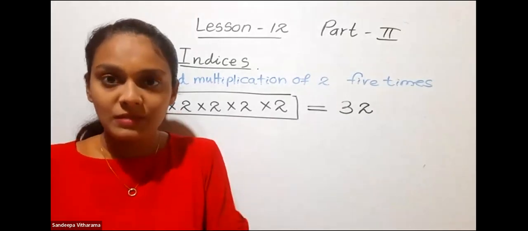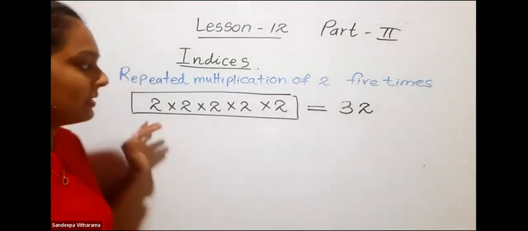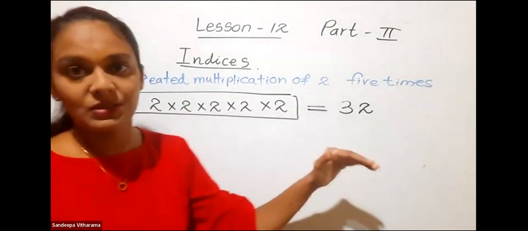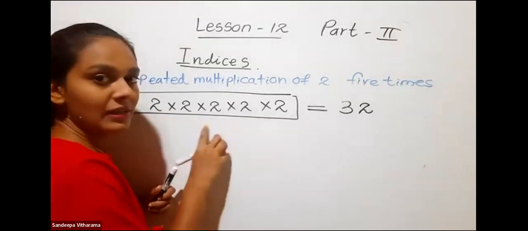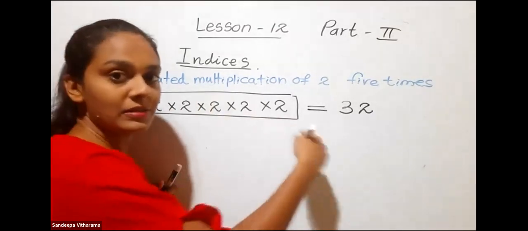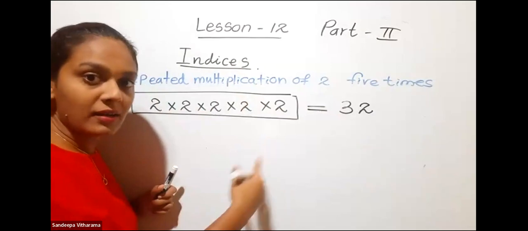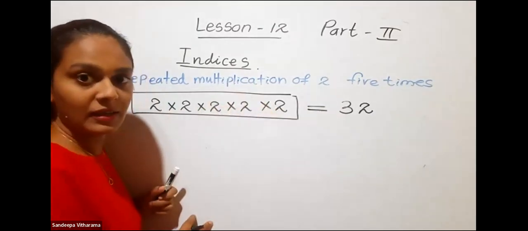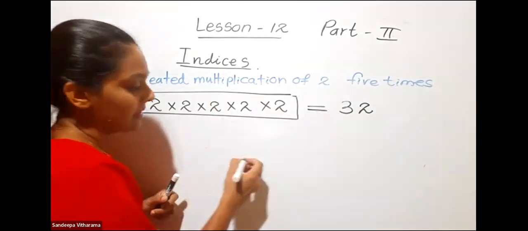What is meant by a power term? What is expressed by a power? Now here the repeated multiplication of 2 is expressed like this. Look at here, there is a number or a term that is repeatedly multiplied. For this one we call it the base.